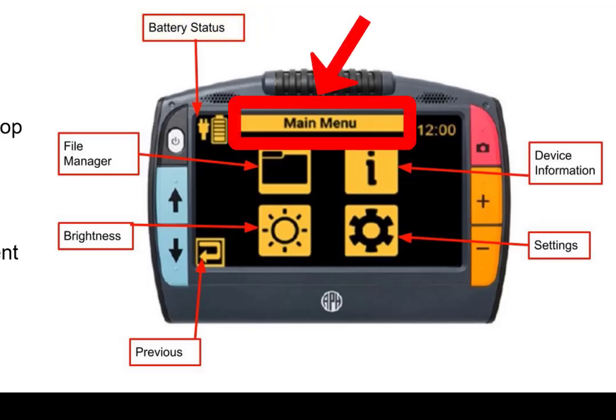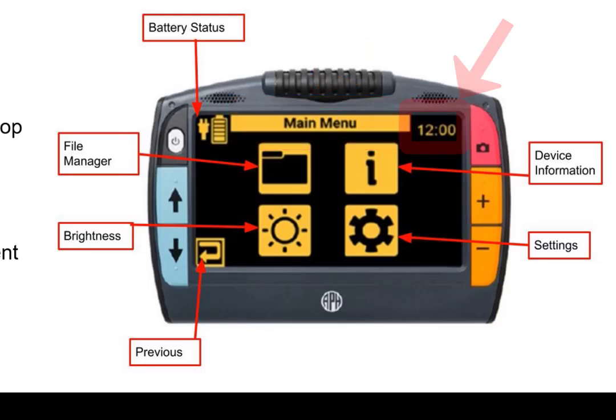In this case, it's the main menu, but in other cases, it might be another type of menu, and that name may look different or change. In the upper right-hand corner is the clock, and that probably has the correct time in it, especially if when you had initially powered up the unit, you were asked to set the clock, and if you did that, the time is probably correct, but if there's been a time change since or you haven't set it up, the time might obviously not be accurate.